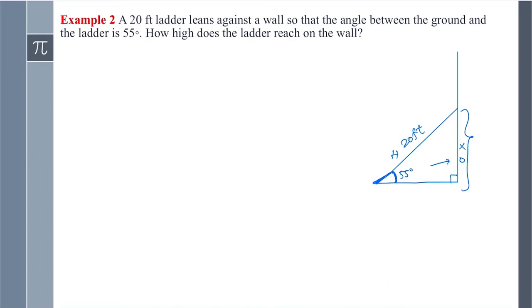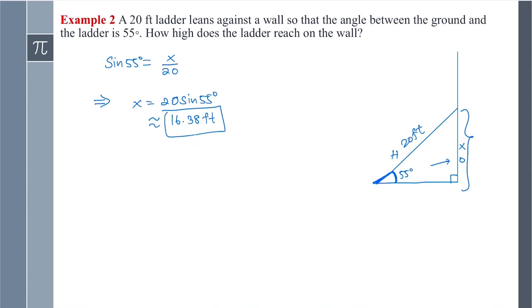So sine of 55 degrees equals opposite over hypotenuse. If we multiply by 20 on both sides, we get x equals 20 times sine 55 degrees. If we put this in the calculator, we get approximately 16.38 feet. So that is the height that the ladder can reach based on that information.